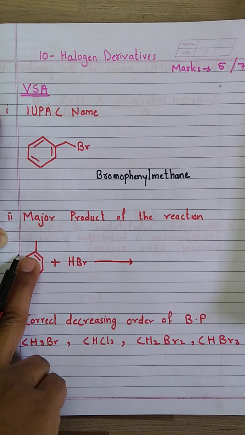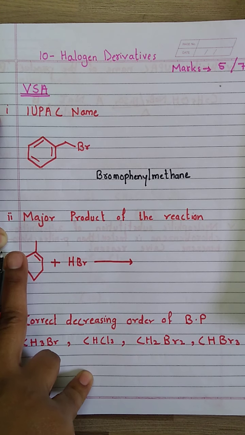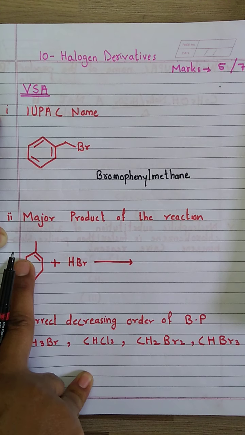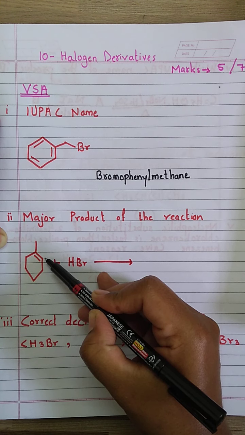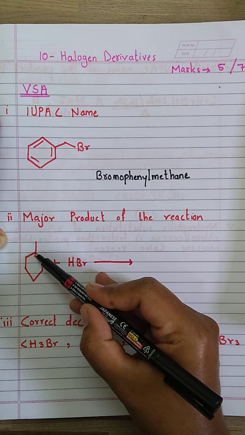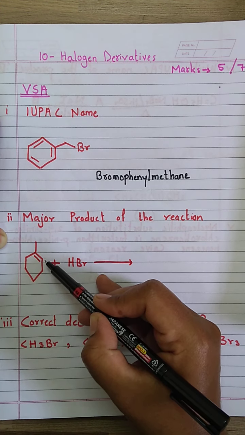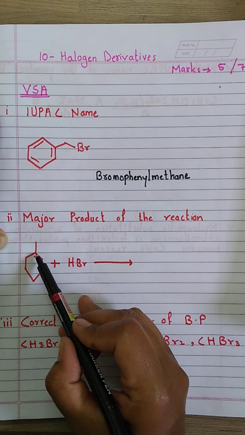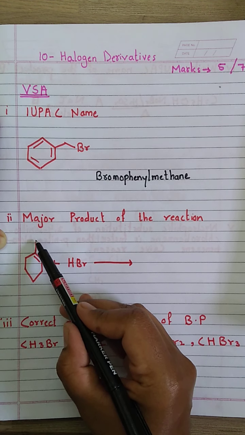So let's look at the carbons that will take part in the addition. Always remember, whichever carbons have unsaturation, the addition will take place at those carbons only. So this carbon and this carbon are doubly bonded, so addition will take place at them. Now let's see to which carbon the H will go and to which carbon Br will go. This carbon is attached to another group here, that is CH3.